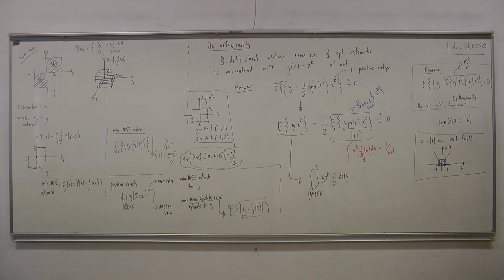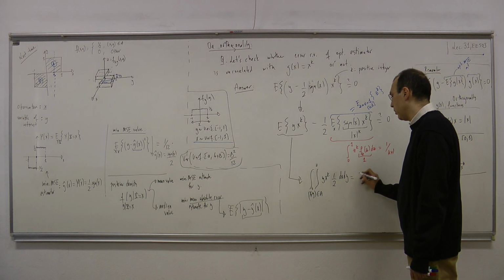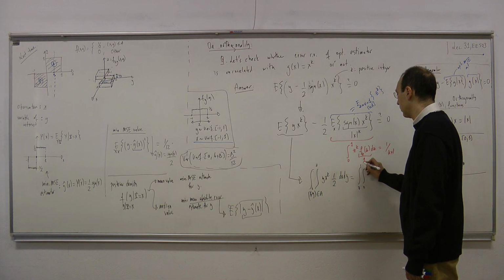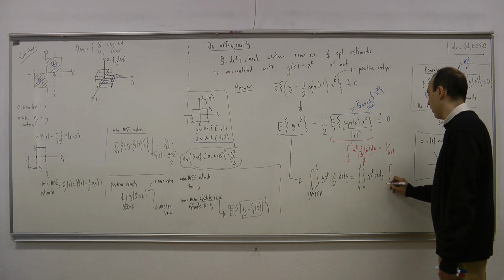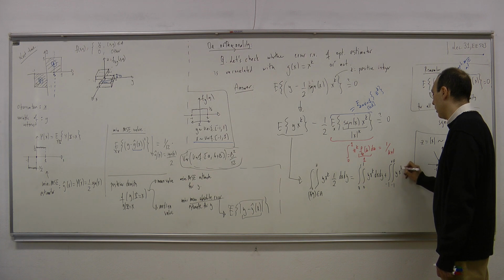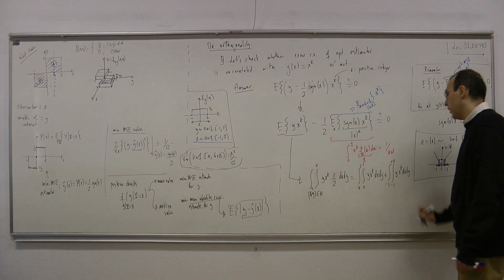Okay. So this is equal to the integral of y x to the power k dx dy over the 0 to 1 part, plus the integral over the -1 to 0 part of y x to the power k dx dy.